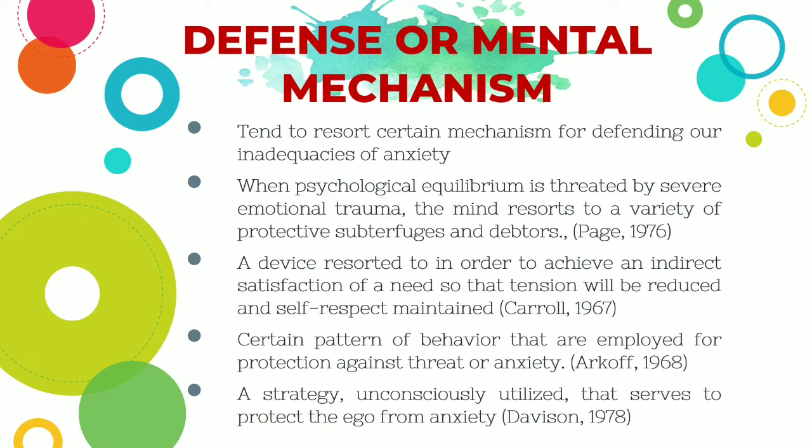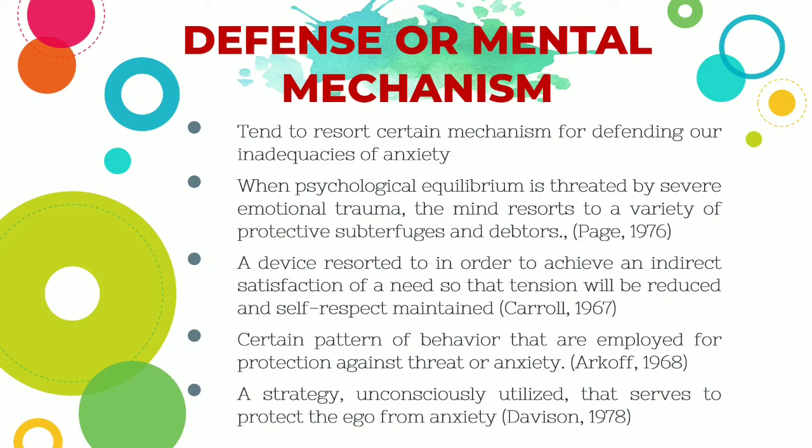Let's come now to the discussion of defense or mental mechanism. These are the definitions according to various authors. So defense or mental mechanism tend to resort certain mechanism for defending our inadequacies or anxieties.